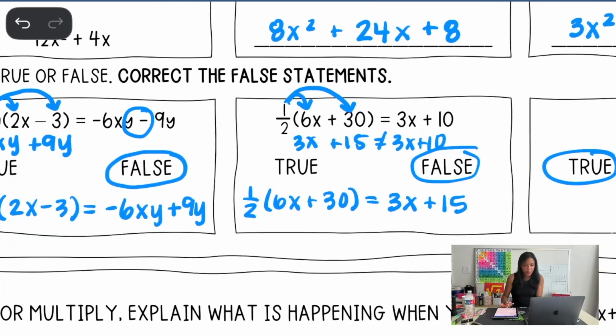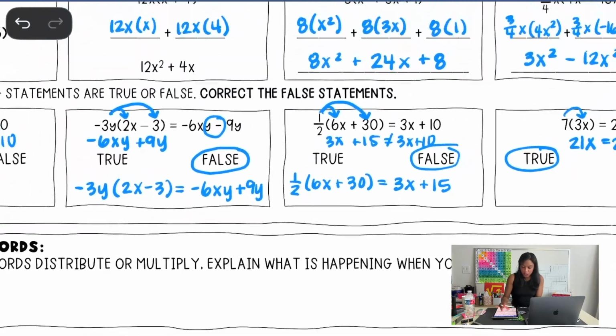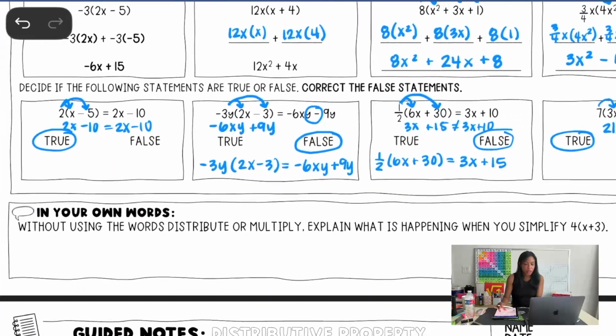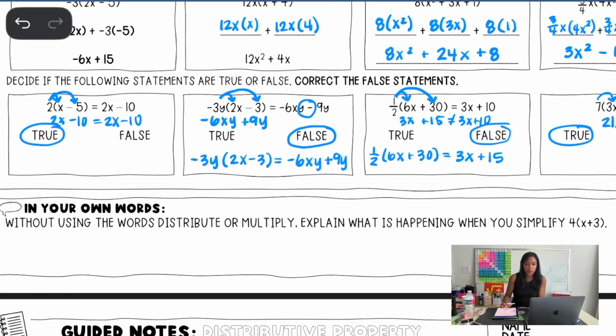For the last prompt that we have at the bottom of the page, they want you to explain, in your own words, what is happening when we are simplifying 4 times x plus 3. All right, I'm going to leave you guys to that. If you have an answer, go ahead, type it down in the comments. I would love to hear your thoughts about this.